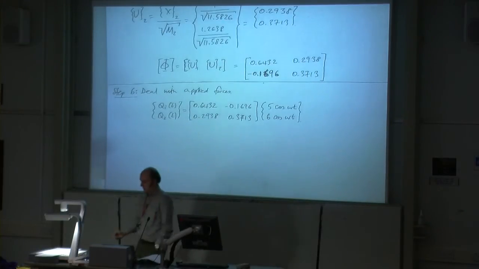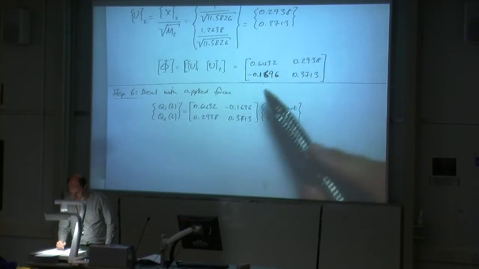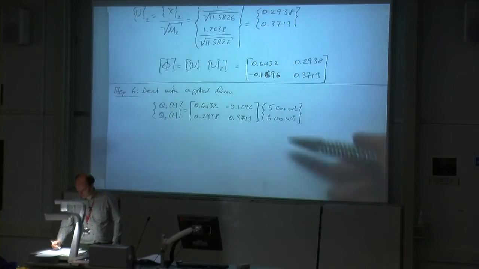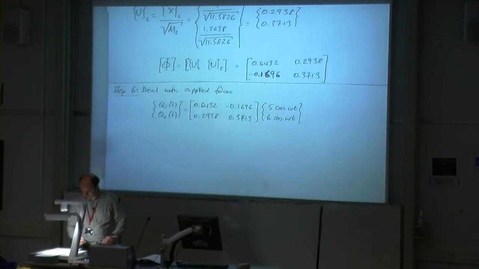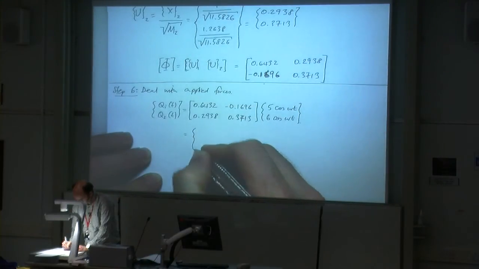So that involves swapping these two numbers round. Okay, so that's swapped round there. Transpose. And then we've got our forcing vector here. And so this is going to end up as a vector.